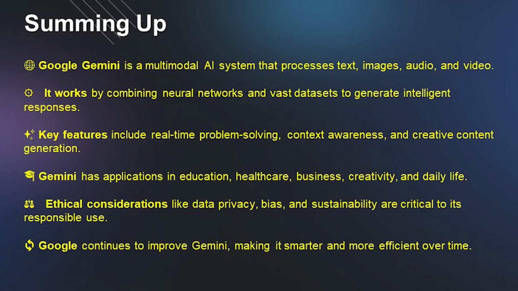Gemini has applications in education, healthcare, business, creativity, and daily life. There are ethical considerations like data privacy, bias, and sustainability that are critical to its responsible use. Google continues to improve Gemini, making it smarter and more efficient over time.